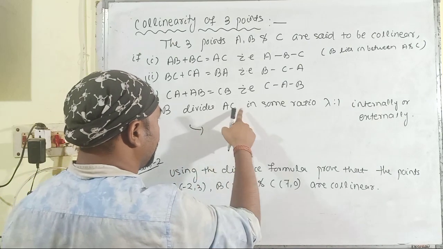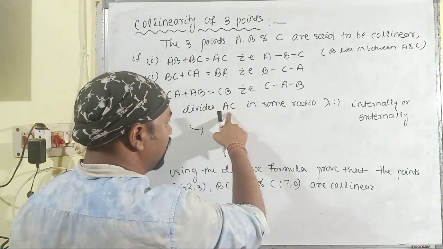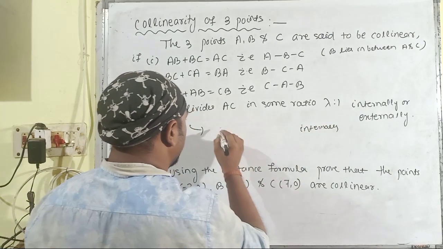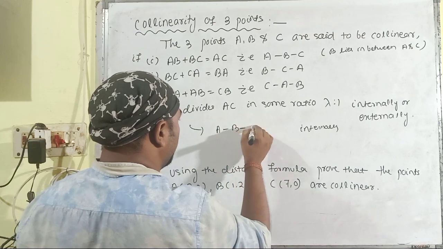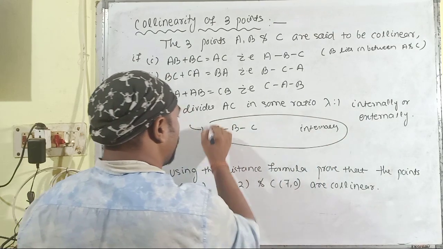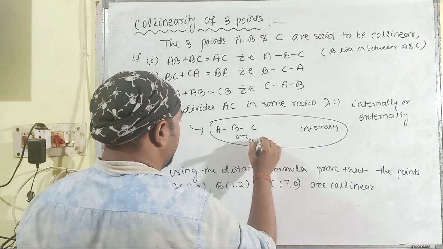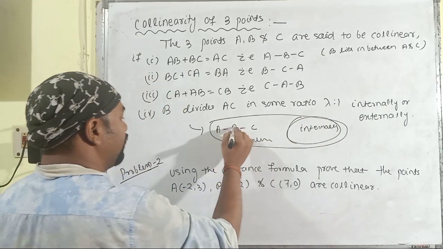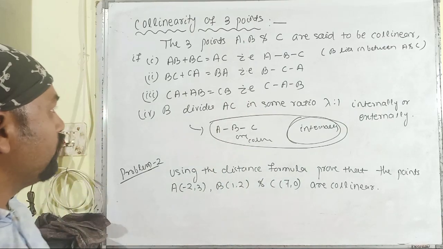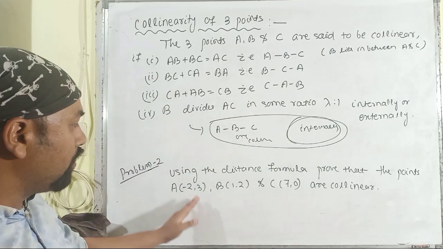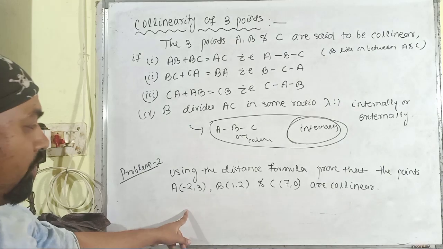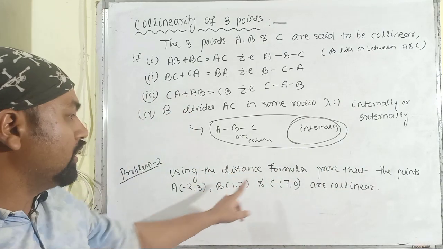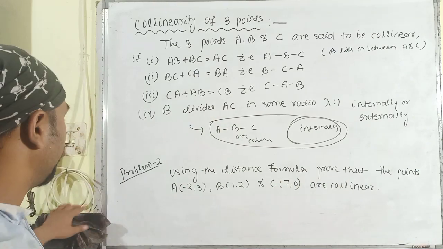Suppose B is a point which divides the line segment AC internally, then we can say that A, B, C are collinear. So by using these fundamentals, we have to solve this problem. Here it has been asked to find out, using the distance formula, prove that the points A, B, C are collinear points.